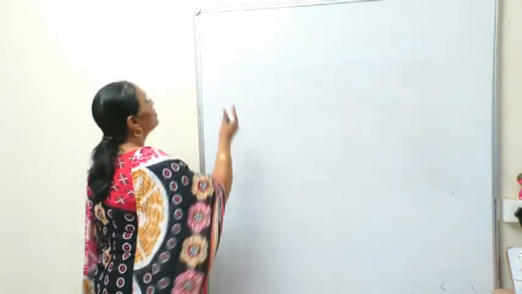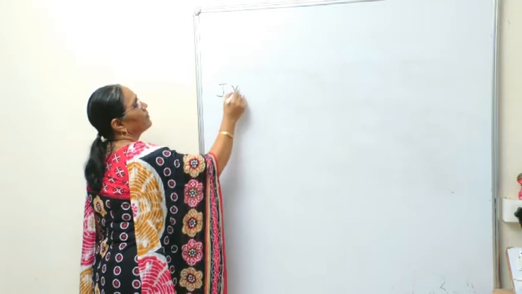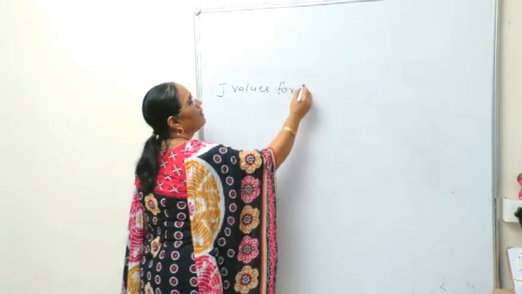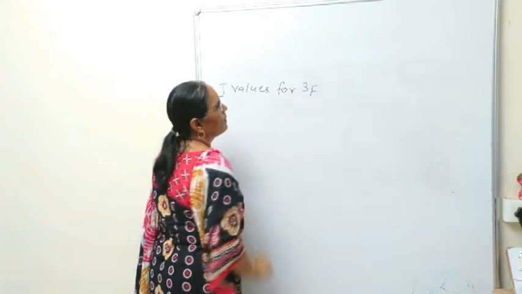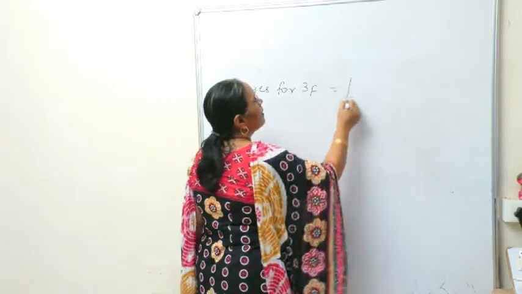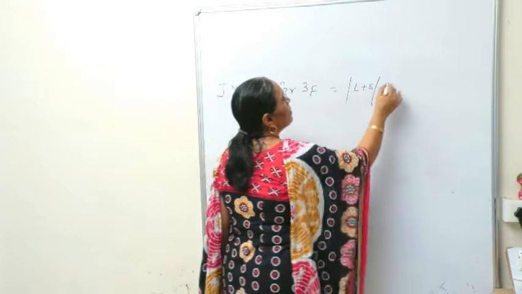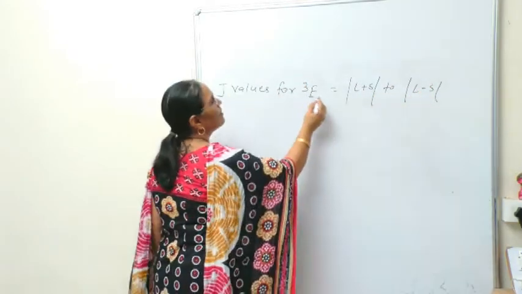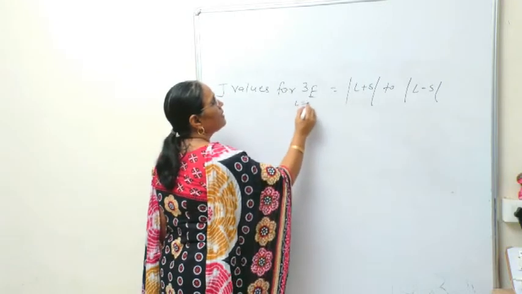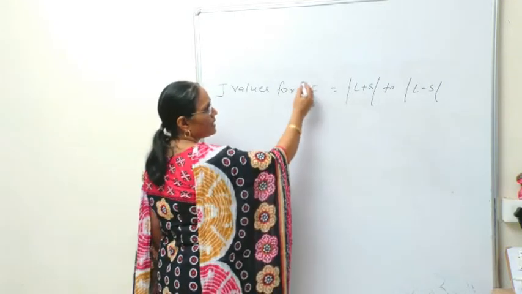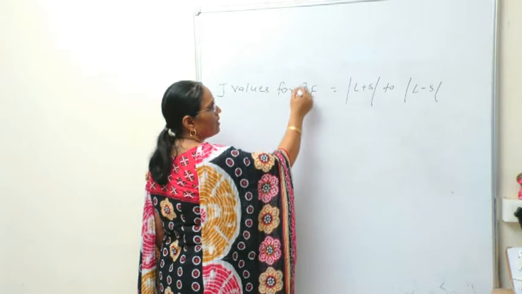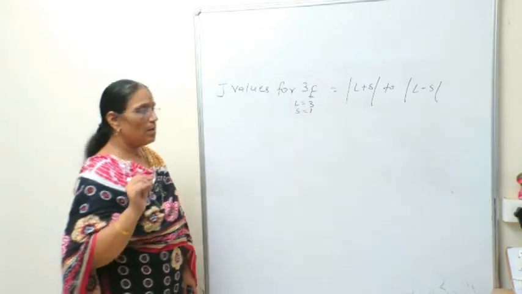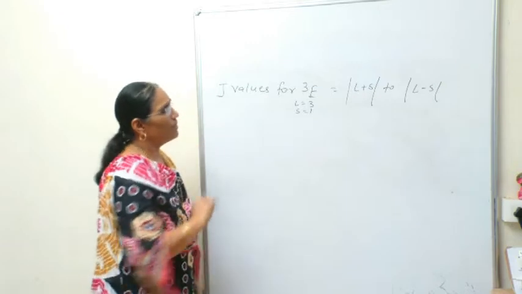Then the J values for triplet F. Again L plus S to L minus S. For the F term, L is equal to 3, and as the spin multiplicity is 3, S is equal to 1, since twice S plus 1 is equal to 3.